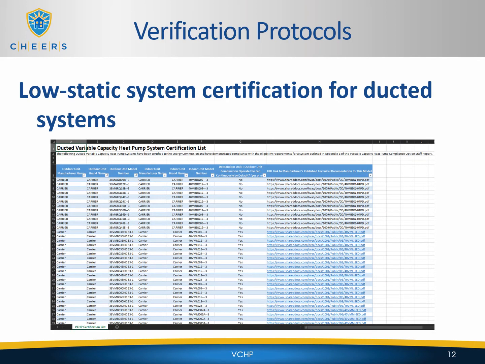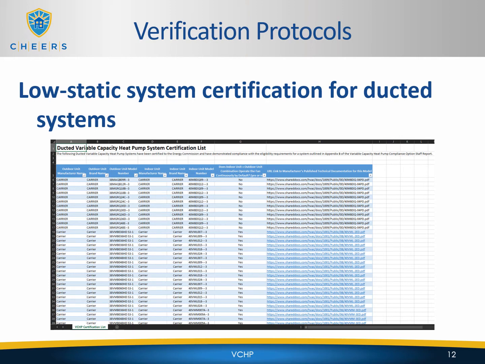So the list does consist of an Excel spreadsheet, and it's going to list make, model numbers, manufacturer names, and then whether or not that unit complies with the fan continuously operating by default.